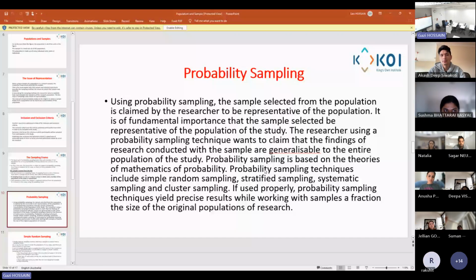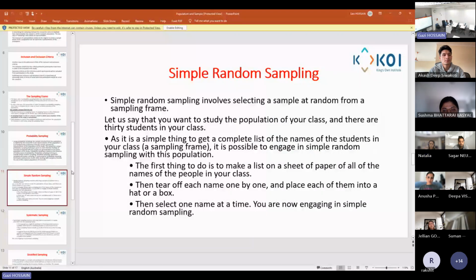So let's start with simple random sampling. Simple random sampling involves selecting a sample at random from a sampling frame. Randomly, you are picking anyone you want. You can pick anyone.